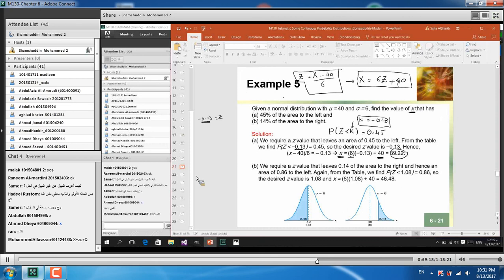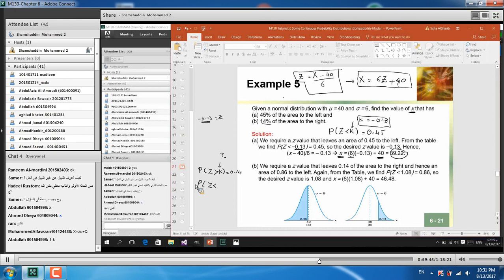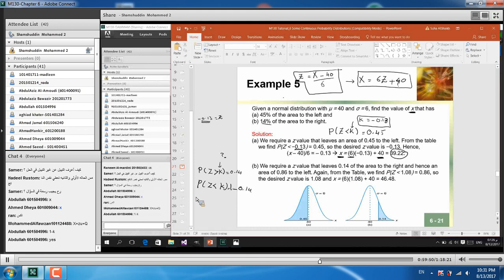Now 14% to the right. I'm asking about the probability of z greater than k equal to 14%, 0.14. I want to find the k, and again the same thing, then change it to x. Now greater than k can be changed to the probability of z less than k, and here we have 1 minus 0.14. Instead of greater, I'm changing to less and it becomes 1 minus.